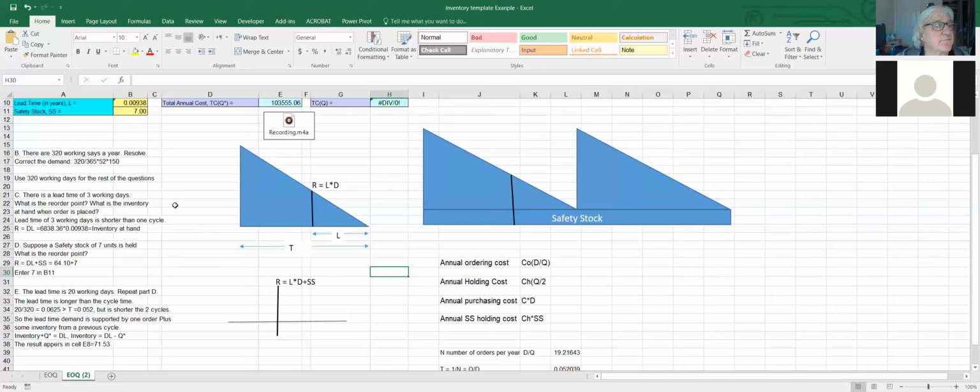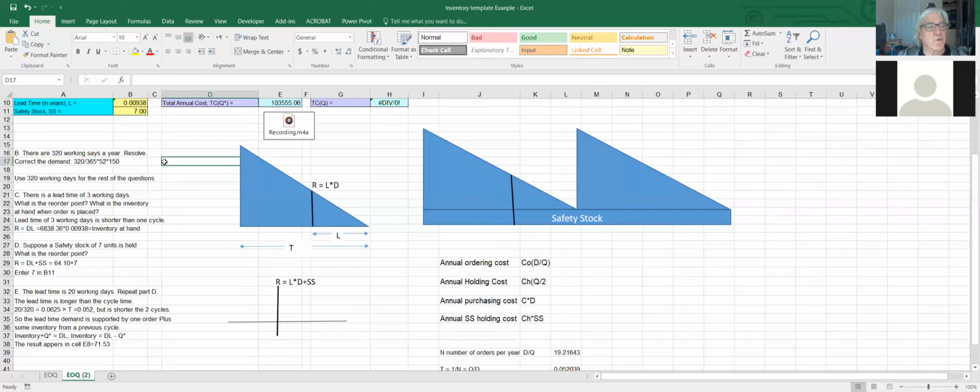Let's look at some more information that I'm giving you about the problem we started before, and we'll go back to the template to finish the work. First of all, I wanted to notice that sometimes you don't work with years, which is a very large time unit, but you work with working days, much more intuitive.